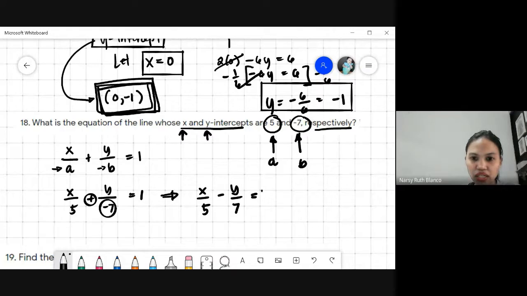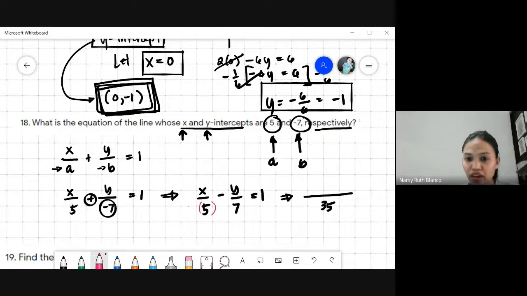So, pwede na natin siyang isulat as one expression. Ang kanilang LCD, dahil wala namang common factor kay 5 at 7, so i-multiply mo lang, yun ang LCD nila. Now, you think of a number na i-multiply kay 5 para maging 35, it's 7.